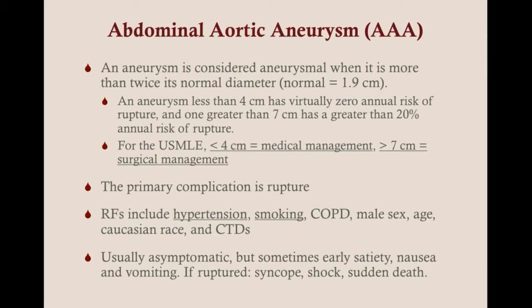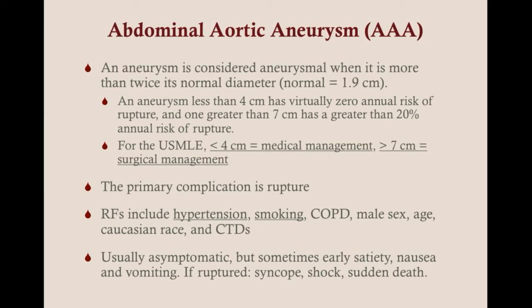So the risk factors for abdominal aortic aneurysm are going to be the exact same as the risk factors for dissecting aorta. And those are going to include hypertension, smoking, COPD, male sex, age, Caucasian race, and connective tissue disorders.